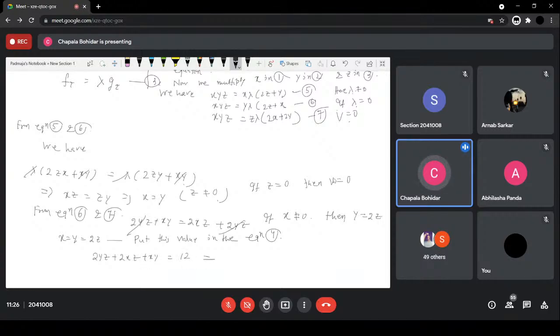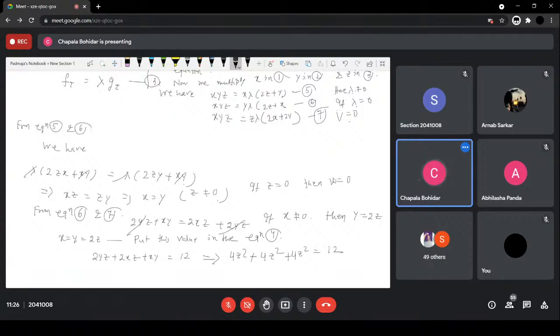Putting x is equal to y is equal to 2z, we get 4z squared plus 4z squared plus 4z squared, which is equal to 12.